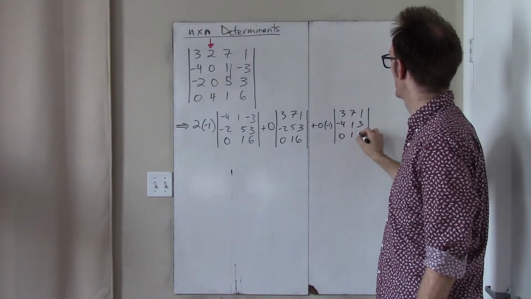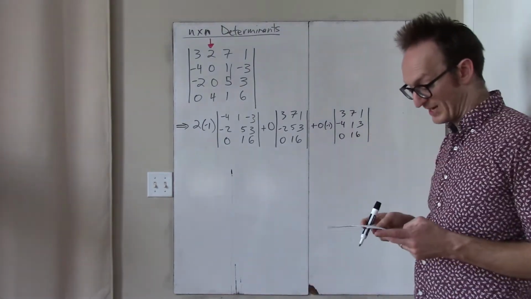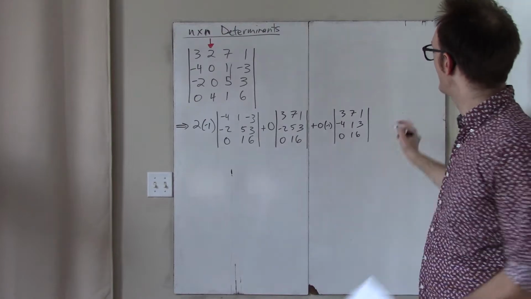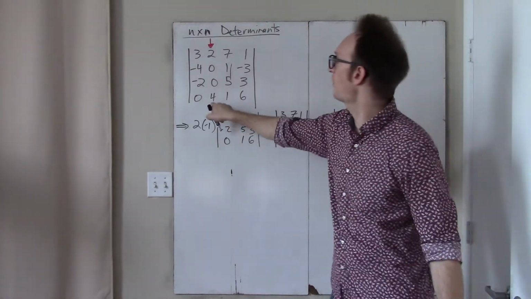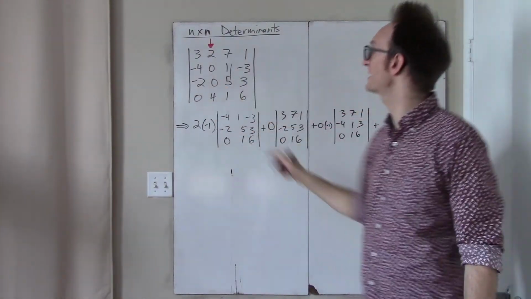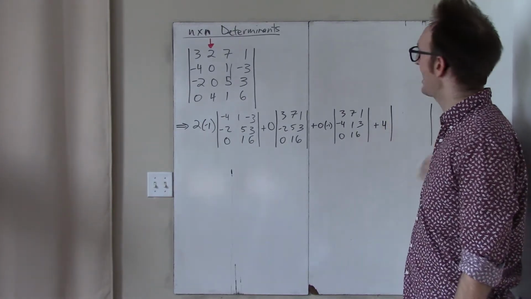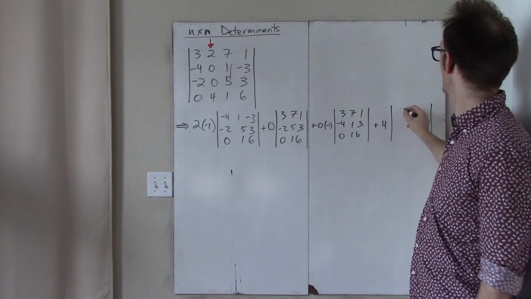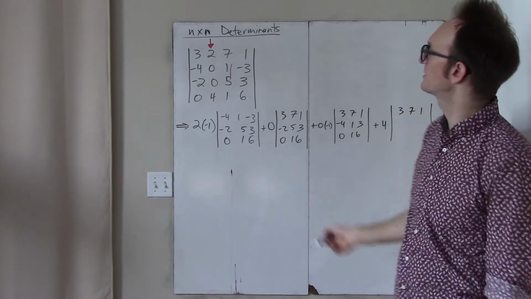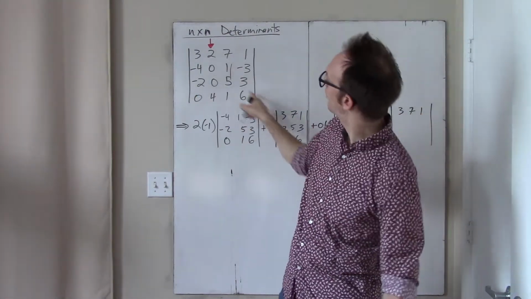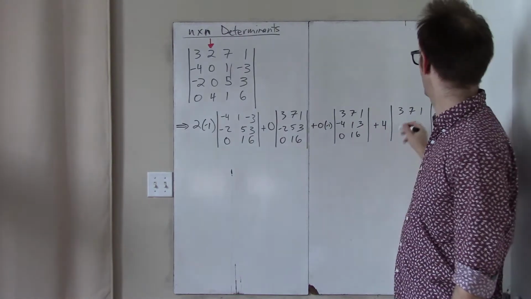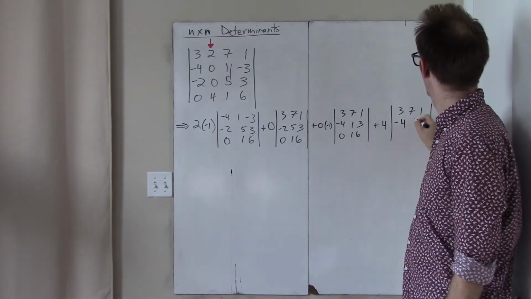I get that matrix, but I don't really have to do it. And then finally, I get this 4, which is row 2, column 4, so that adds up to 6, that's even. So I don't put a negative in front of that minor. And now I write down the 3x3 matrix that results from deleting row 4, column 2, and it's this one.